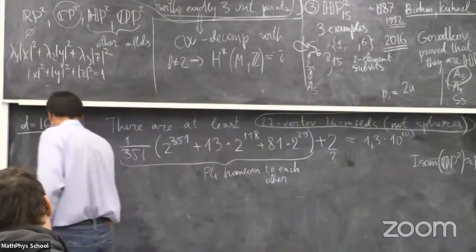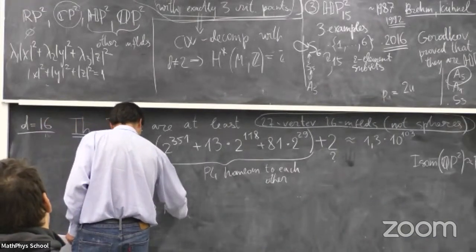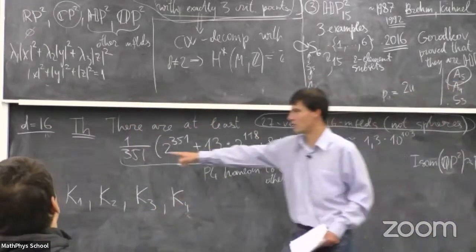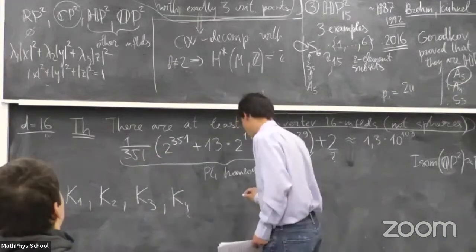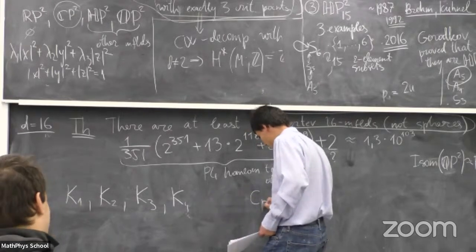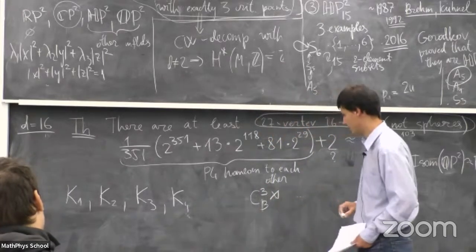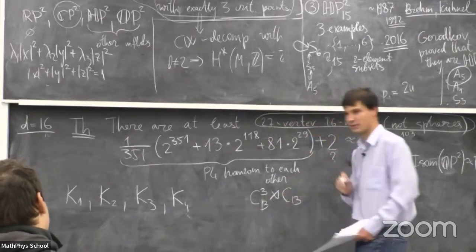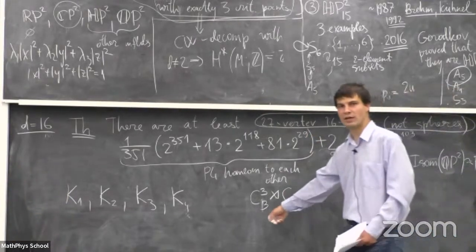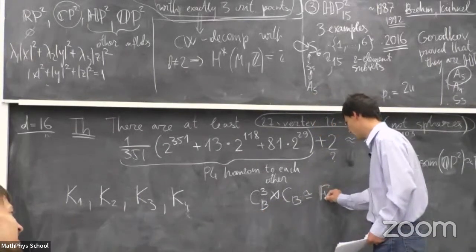So there are 4 examples, K1, K2, K3, and K4, which have a symmetry group of order 351. And this symmetry group is C3 cubed semi-direct product with C13.